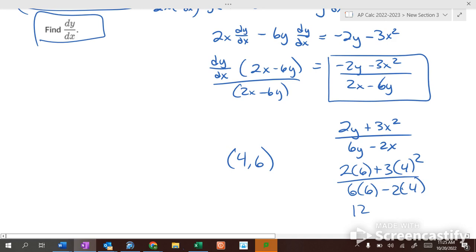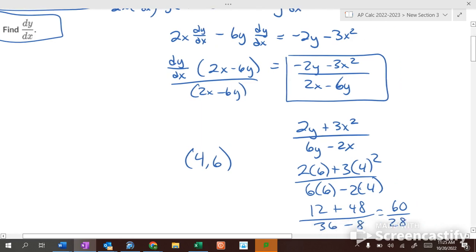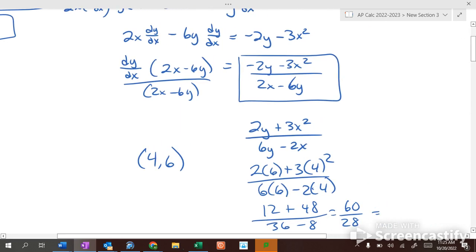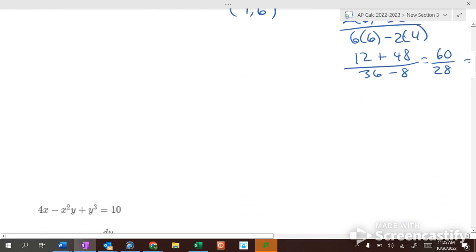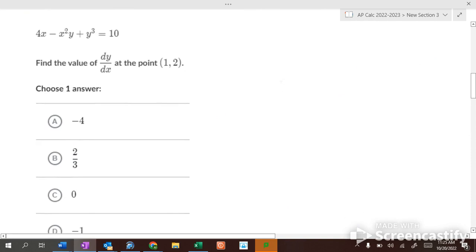So we get 12 plus 48 over 36 minus 8, which is 60 over 28. Divided both by 4, 15 sevenths is the slope at that point. Just slightly bigger than 2. Okay? So let's practice on that.